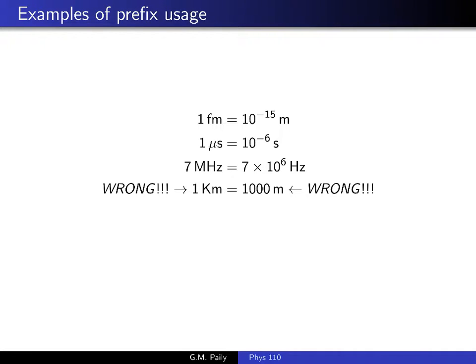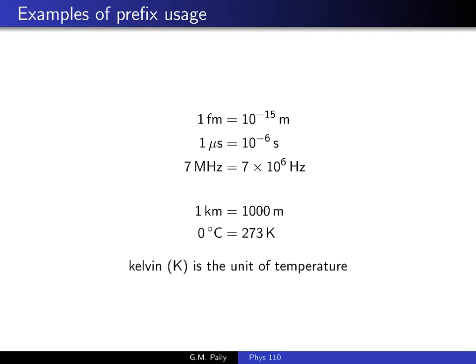The reason being that we have mistakenly put a capital K, which should not be used. The correct version is 1 kilometer equals 1,000 meters. Notice that we are using a small k. Whenever you're using the kilo prefix, it is a small k. Capital K refers to the Kelvin, which is a unit of temperature. For example, 0 degrees centigrade is 273 Kelvin.